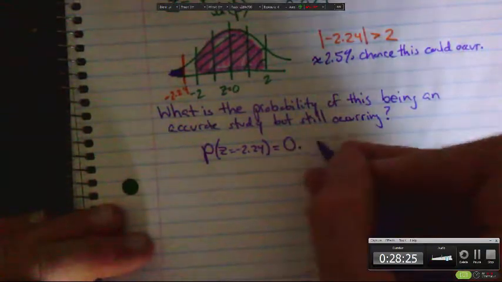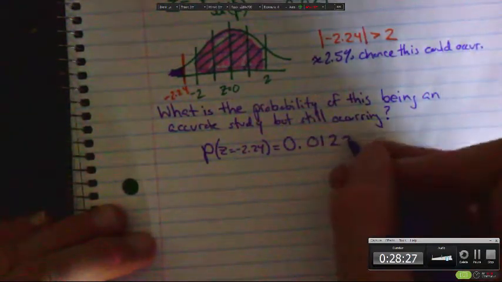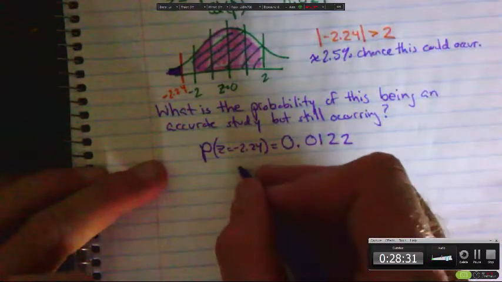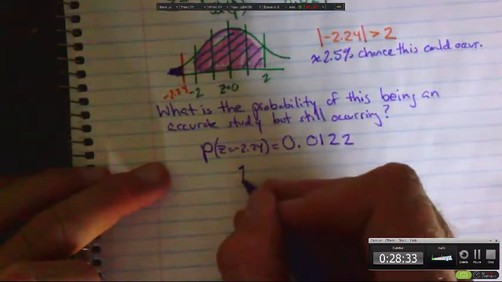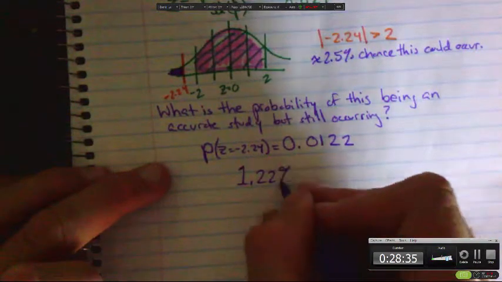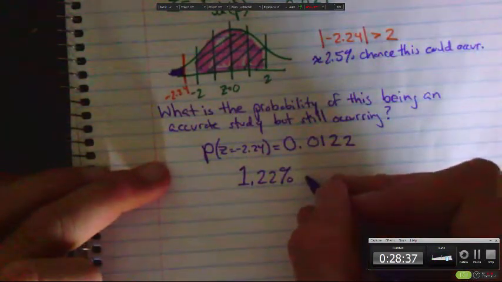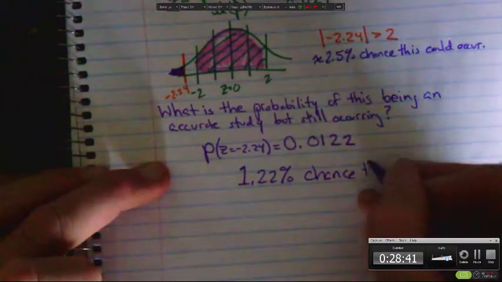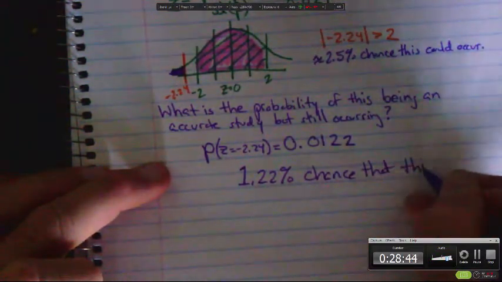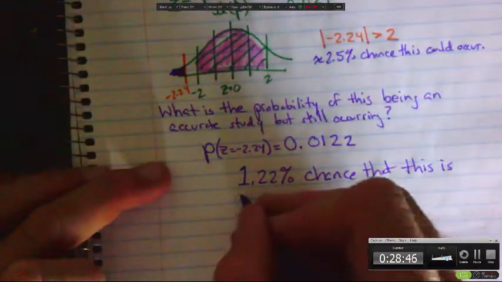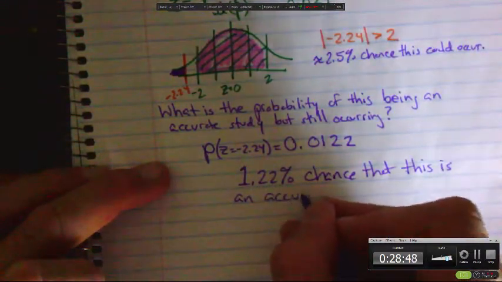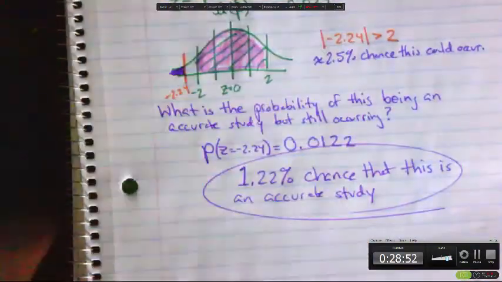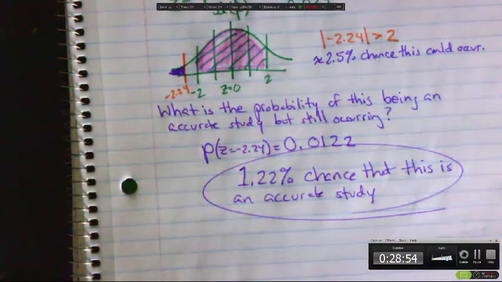I saw 0.0122, so it's like 1.22%. So the probability of this actually occurring is 0.0122, or you can say there's a 1.22% chance that this is an accurate study. Does that make sense to everybody?